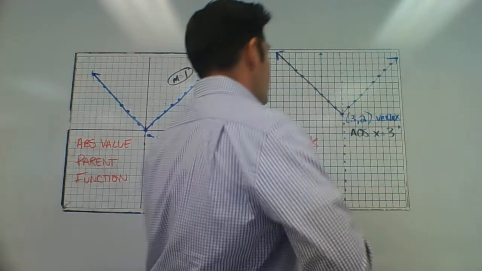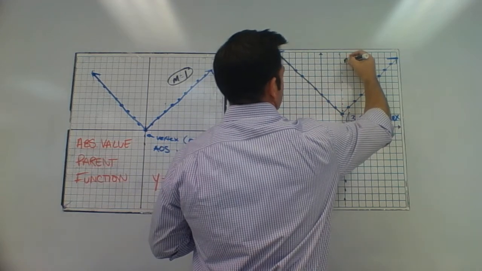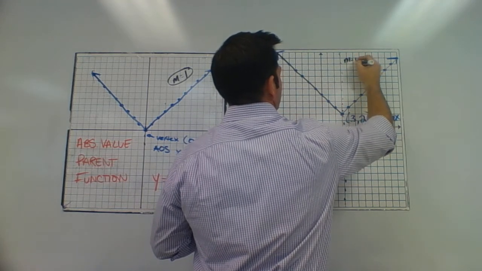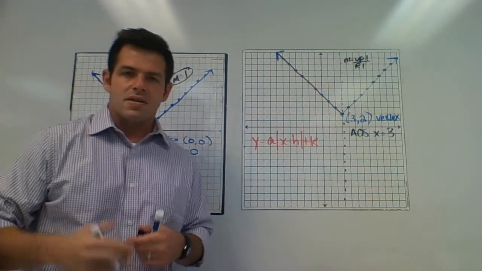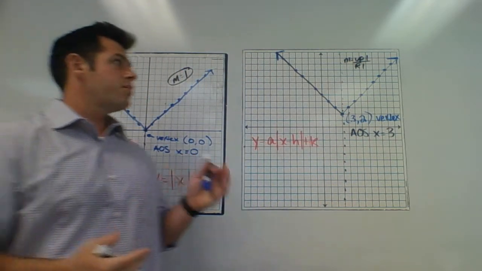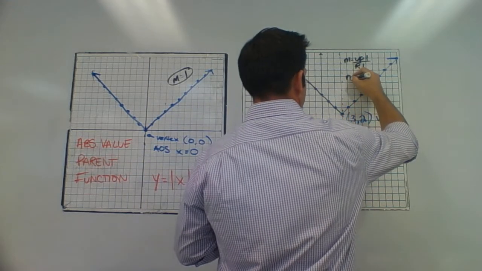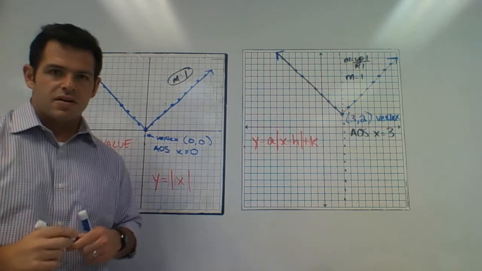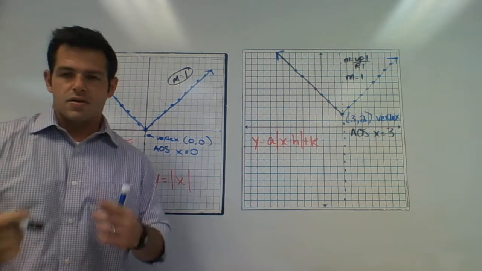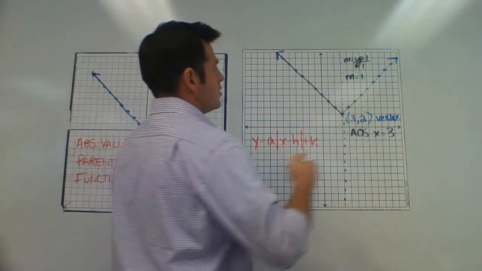And I've always said that the slope right there would be up 1 and to the right 1. We can simplify that, and our slope there would be 1, which we know is significant because our a value is going to be that slope to the right of the mirror.